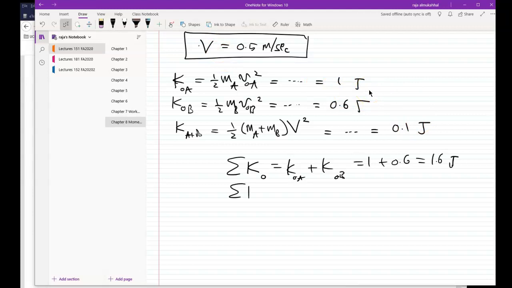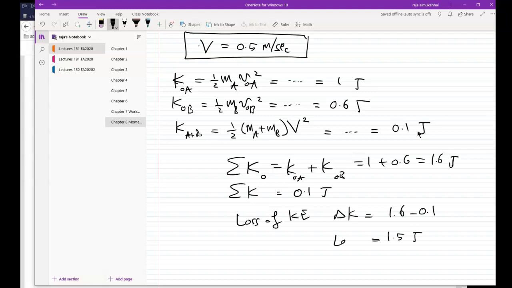And then what is the kinetic energy after collision? Well, it's just the combined, and it's equal to 0.1, okay? So in other words, there has been a loss of kinetic energy. How much? This delta K is 1.6 minus 0.1, a whopping 1.5 joule loss.